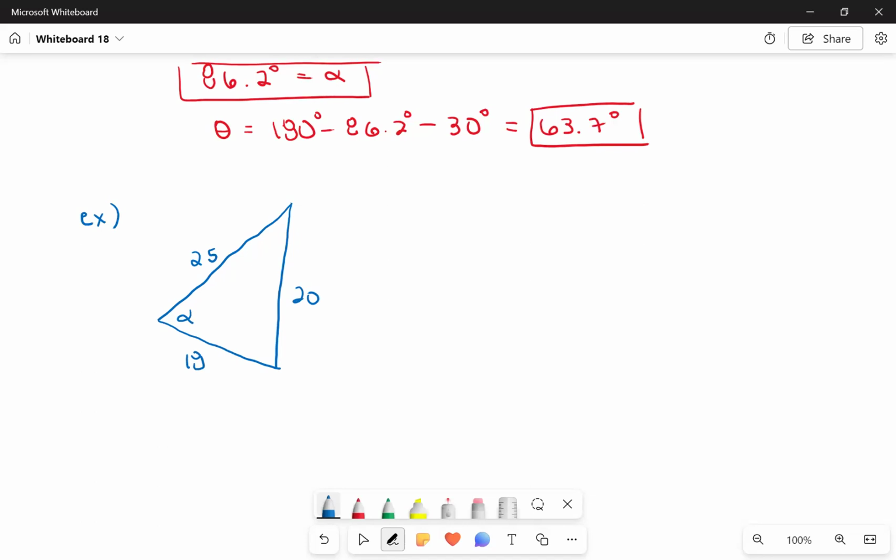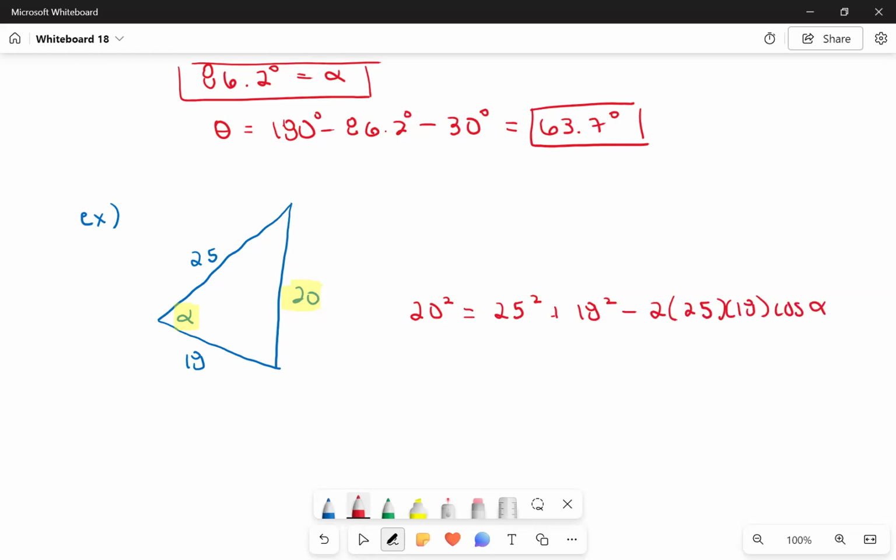What we have to do is set up the side across from the angle. So we'll start with 20 squared equals 25 squared plus 18 squared minus 2 times 25 times 18 times the cosine of alpha.